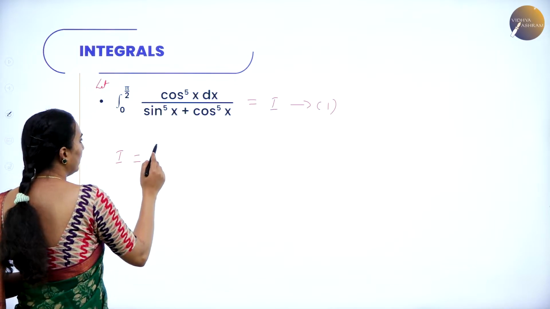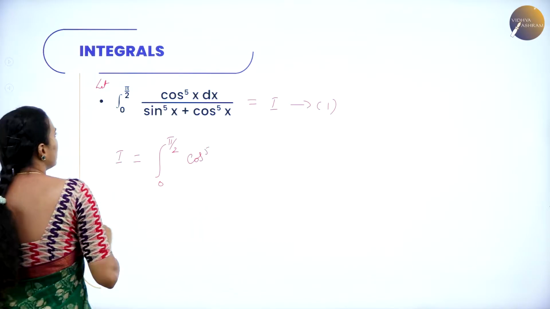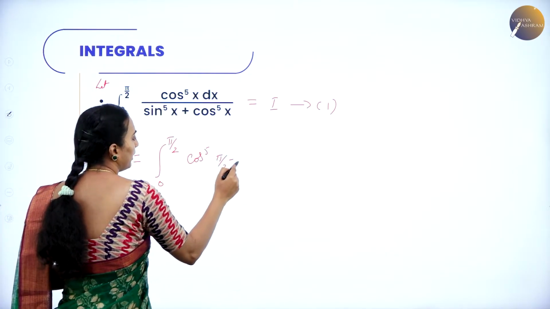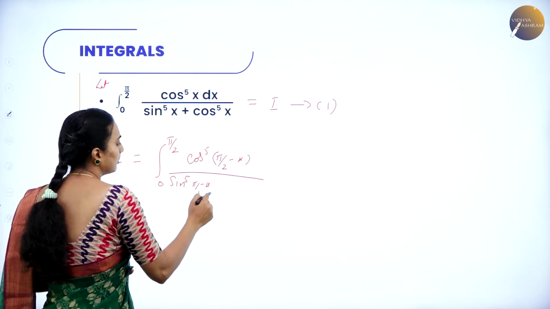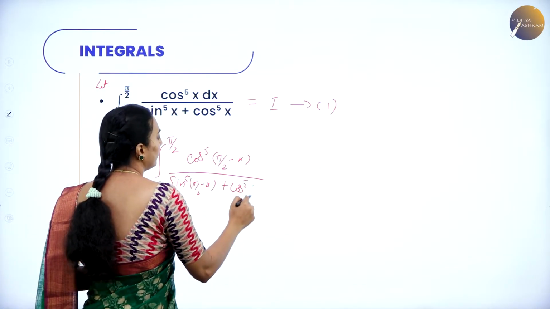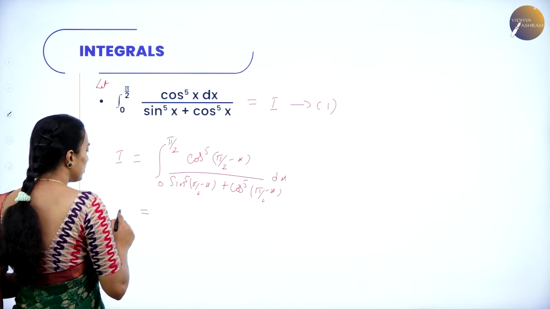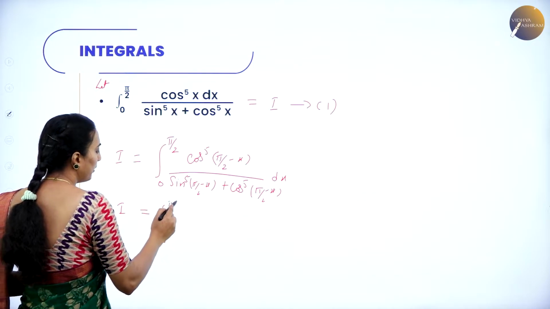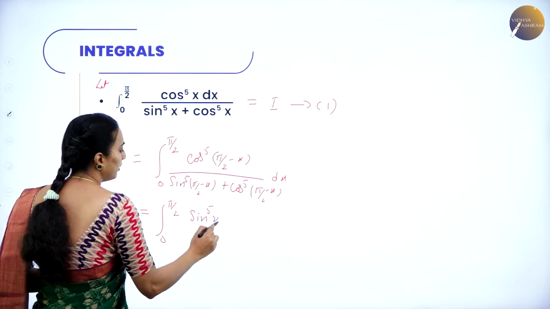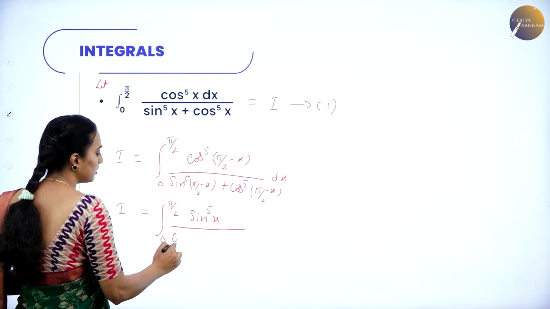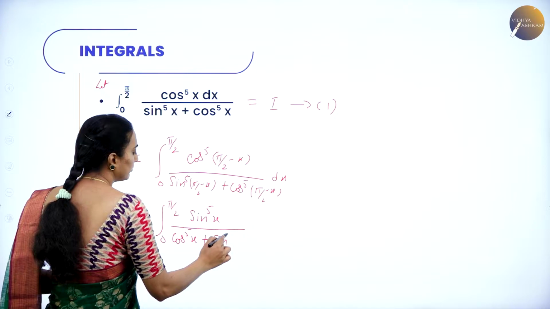Changing accordingly, I is equal to the integral from 0 to pi by 2 of cos to the power of 5 of (pi by 2 minus x) divided by sin to the power of 5 of (pi by 2 minus x) plus cos to the power of 5 of (pi by 2 minus x). You already know cos of 90 minus theta is sin theta, and sin of 90 minus theta is cos theta, right?